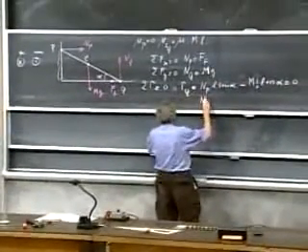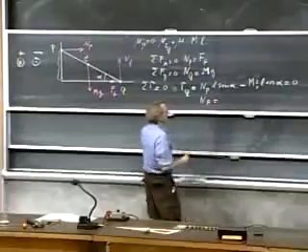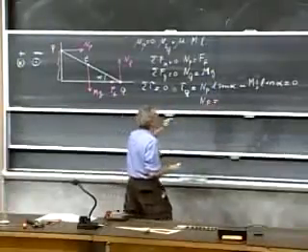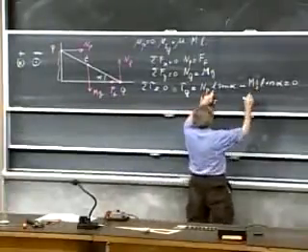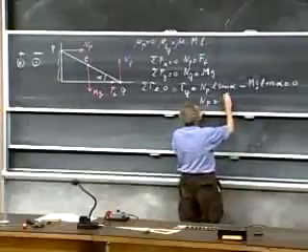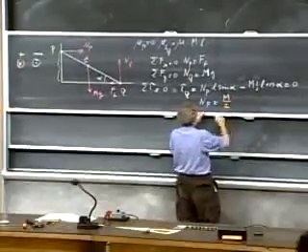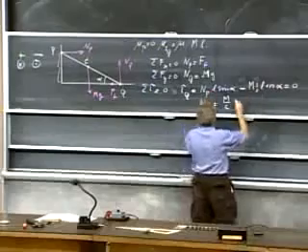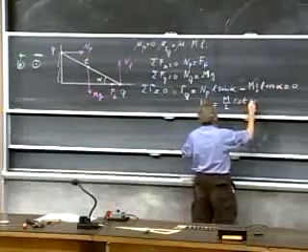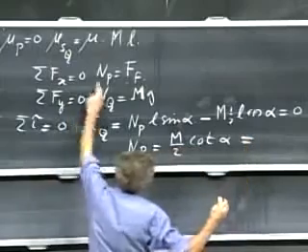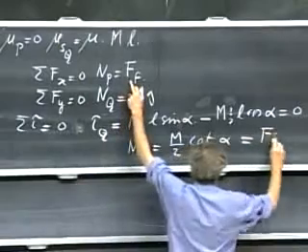So I find then that N_P, the normal force at point P, I lose my L, equals M divided by 2 times the cotangent of alpha, and that must be the frictional force.